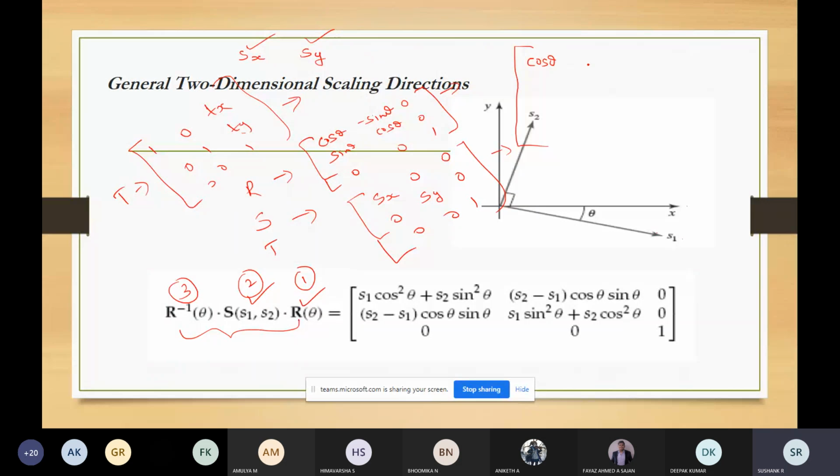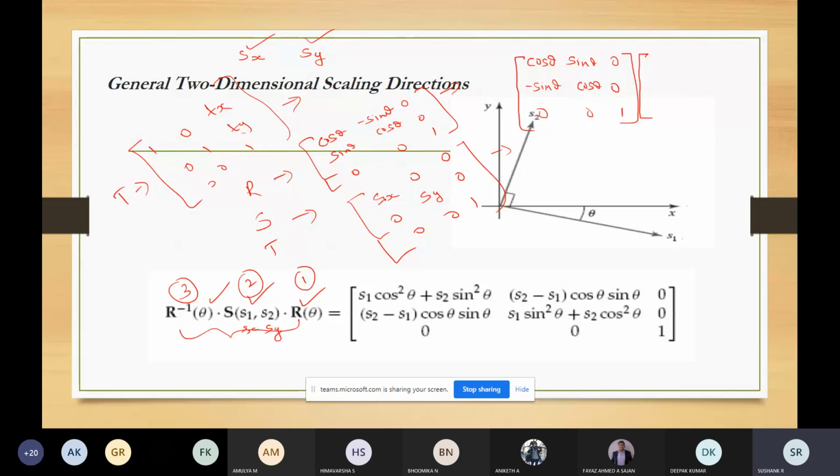Sine of minus theta will be minus sin theta, and minus into minus will become plus sin theta. Again, sine of minus theta will be minus sin theta, cos of minus theta will be cos theta, then 0 0 0 1. So this is R inverse of theta.